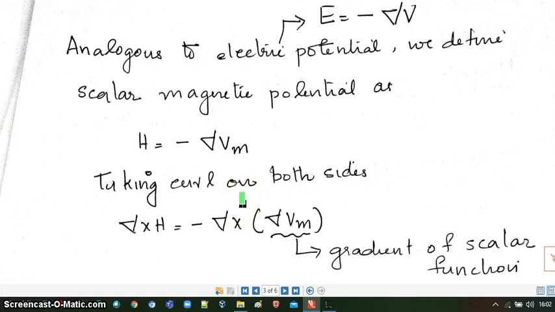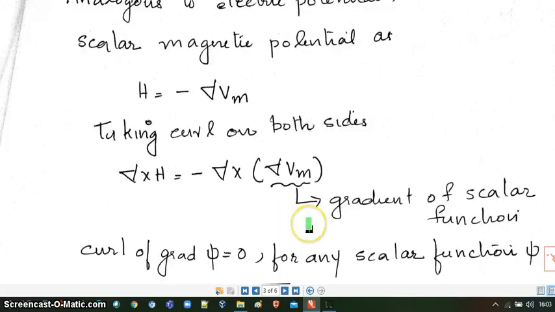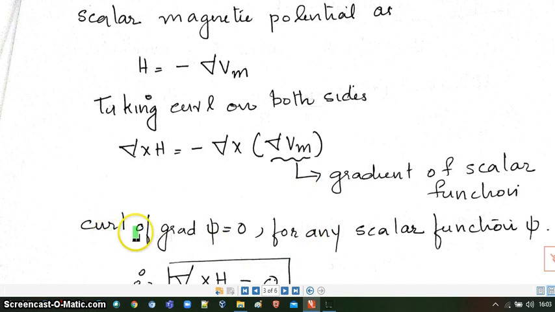Now I am going to take the curl on both sides. So I can write del cross H is equal to minus del cross del Vm, where del Vm, you know, is the gradient of a scalar function. If there is the notation del, then that means it is the gradient of a scalar function. And you know, potential is also a scalar quantity. So we know the curl of the gradient of a scalar function is equal to 0.